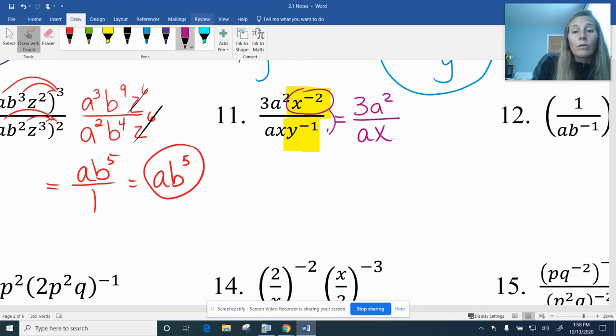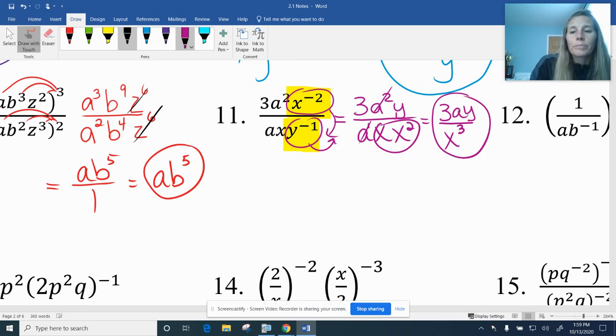This x will now go to the bottom, and my 2 becomes positive, and my y goes to the top, that 1 becoming positive, so I don't really need to write it. So now to simplify this, I am going to have 3a on the top because this 2 minus 1, right? Then on the bottom, I have x cubed, and then I still have my y left on the top as well.